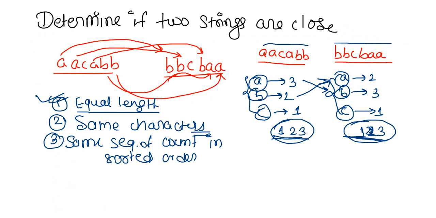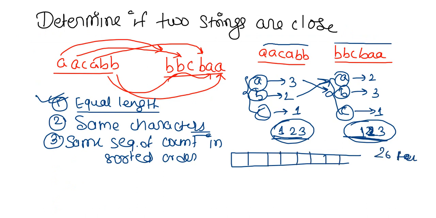For this, I am creating a lookup table. I have created an array of size 26. Each index will represent one English alphabet. A will be represented by index 0, B by index 1, C by index 2, D by index 3, and so on.